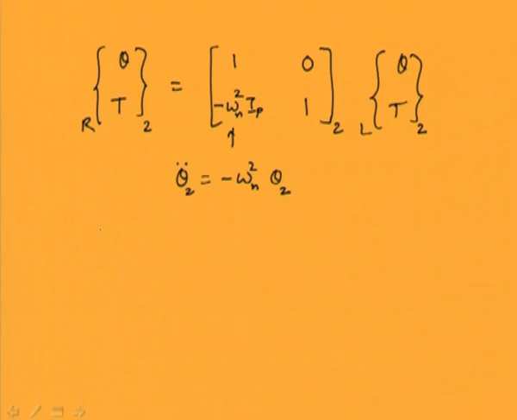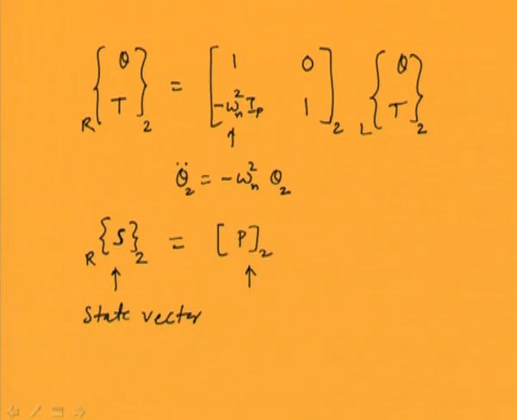So this particular matrix can be written in a more compact form as S, which represents the state vector, is equal to P2, which represents the point matrix, and the state vector left of 2. Okay.